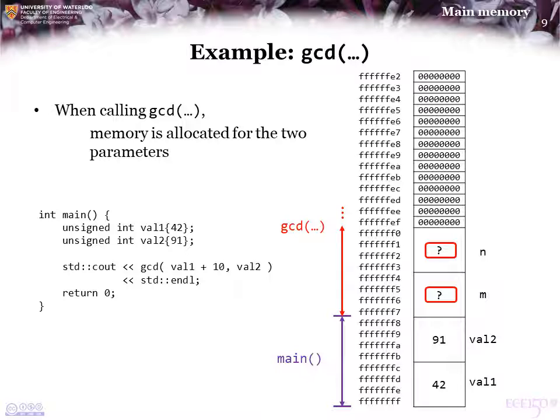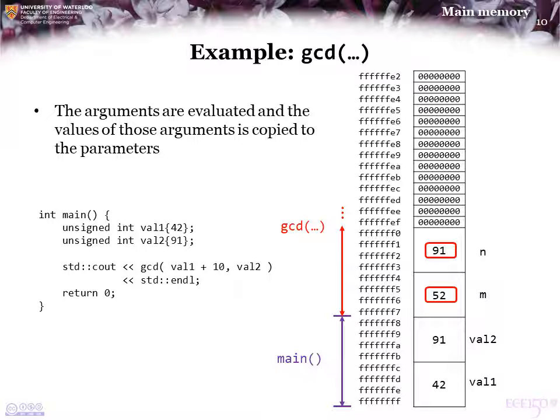The values that those parameters will be initialized with are the values of the arguments. One argument is val1 plus 10, which is 52, and the second will just be val2, which is 91. So now the values of the arguments are copied up into those locations.